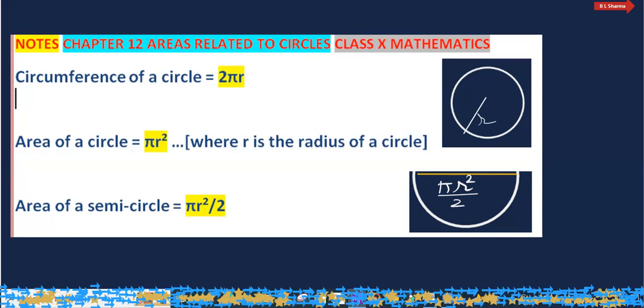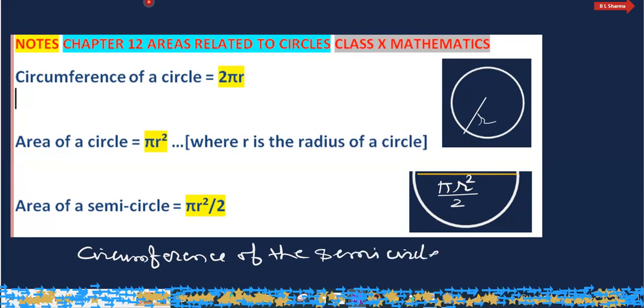And the circumference of a semicircle is given by, see here, this is here to here, that is half of 2 pi r.